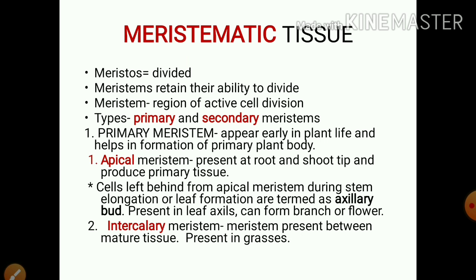So both these apical and intercalary meristems are the primary meristems. Once again, I repeat the point, because they appear early in life of a plant and help in the formation of primary plant body.